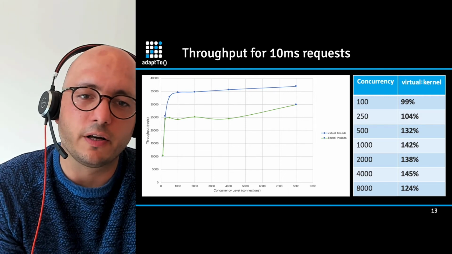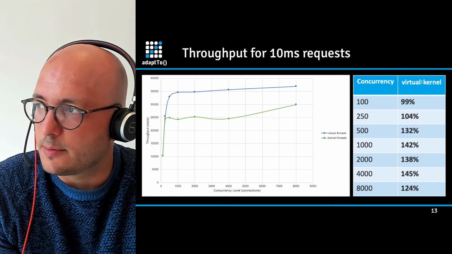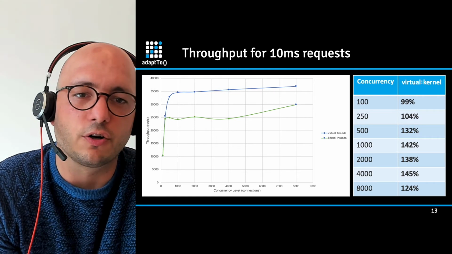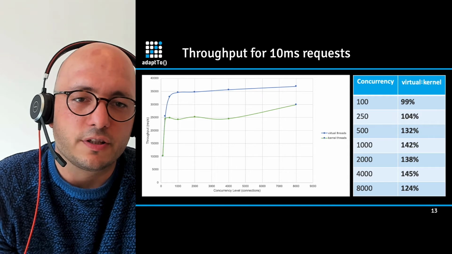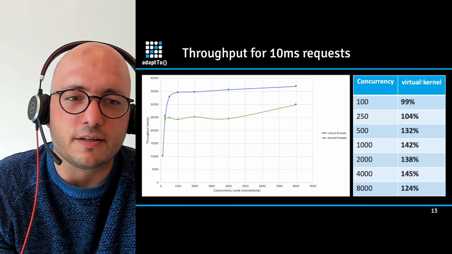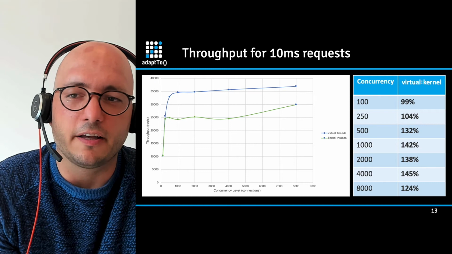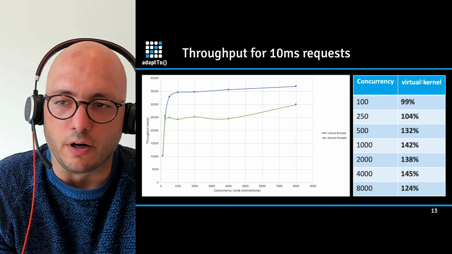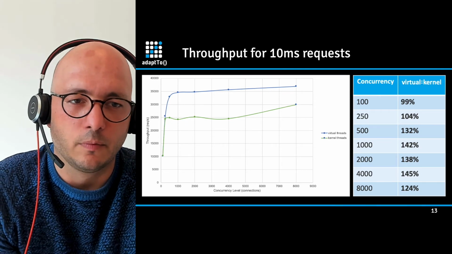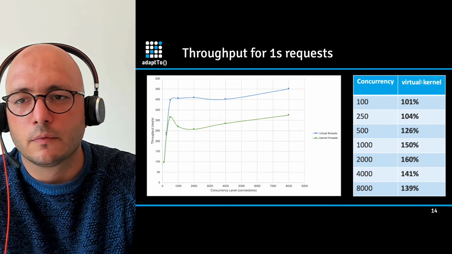When concurrency is very low, the throughput is similar, which is expected, but as we increase concurrency, the throughput increases for virtual threads, and it stabilizes around 40% higher after around 500 concurrent users.